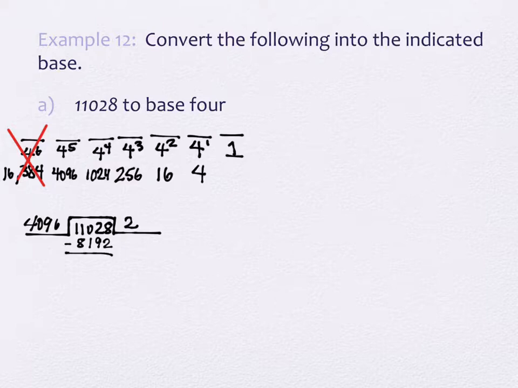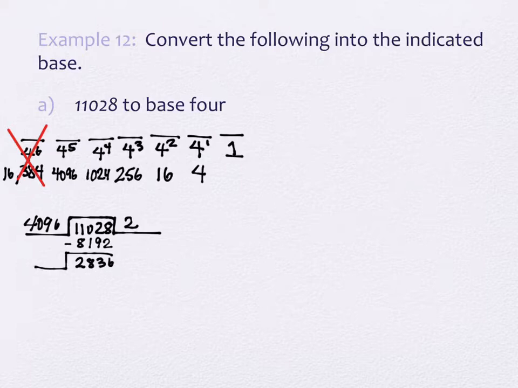Basically, once we figured out I had these 11,028 crayons, I made 2 bags of size 4,096, and they're no longer a mess on my floor, so I'm subtracting them off because they're in baggies. If I subtract 11,028 minus 8,192, what will I get? 2,836. Yes.